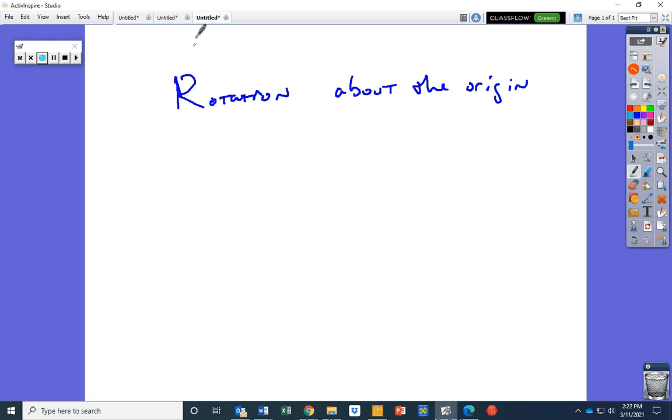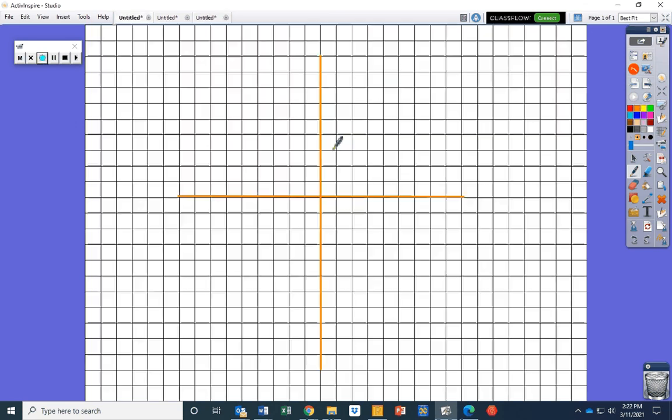Let's just say I have something like this. Let's say this is A, this is B, and this is C. We'll connect these.